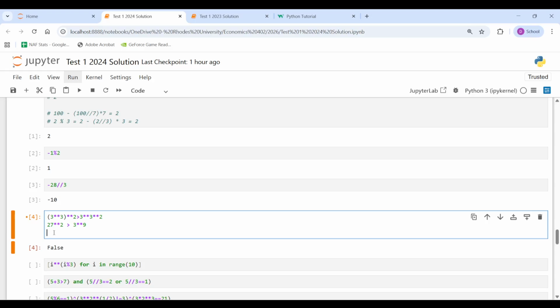This is false because the left-hand side is smaller than the right-hand side. What's the left-hand side? I think it's 3 to the power, if it's not 5, it's 6.